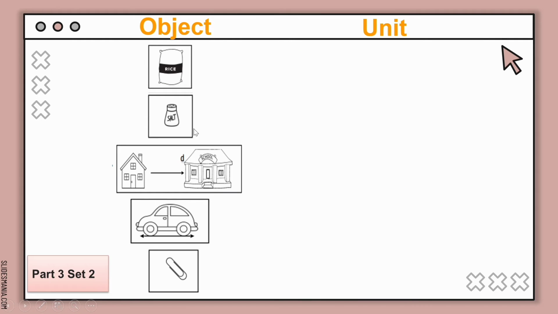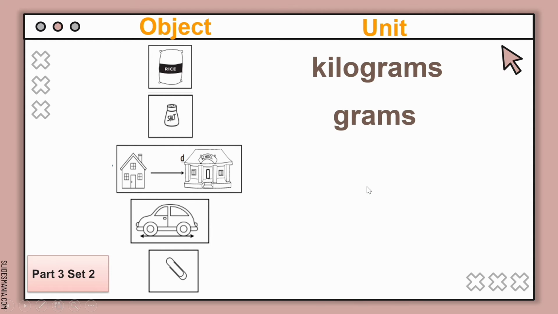We have here an object, and in this column is a unit. For the sack of rice, we are using kilograms. For the salt, we are using grams.